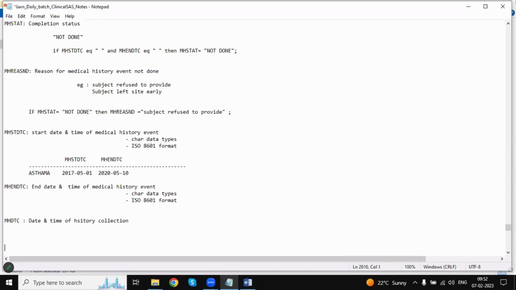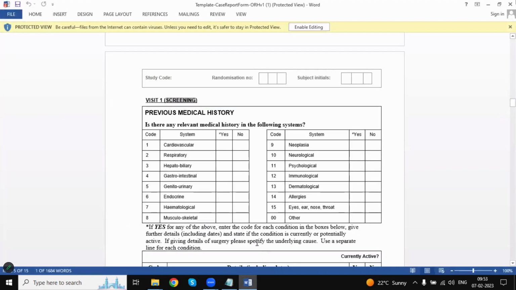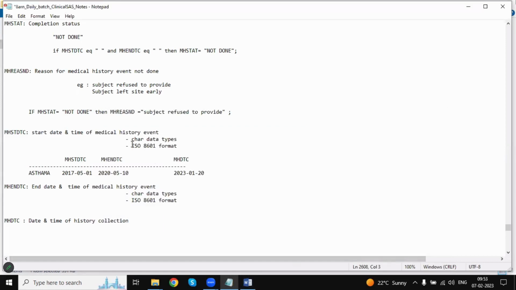Maybe the event was in 2022 or 2023, and recently we collected the details, so the collection date is different. We ask the subject to tell us their medical problems and note it down in the CRF, so that date is going to be your MHDTC. That is character data type and should be in a standard form.